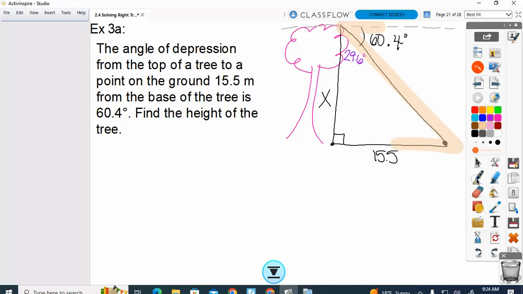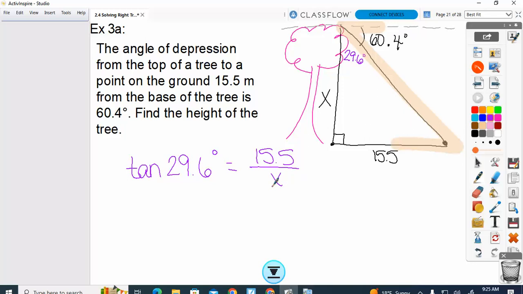So from here, if I'm using this angle, 15.5 is the opposite side and x is the adjacent. What trig function is that? So let's say the tangent of 29.6 degrees equals my opposite side, 15.5, divided by my adjacent side, x.